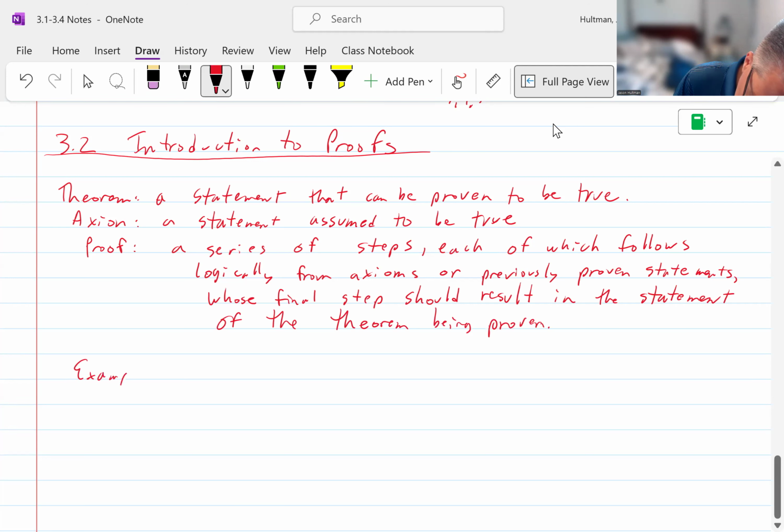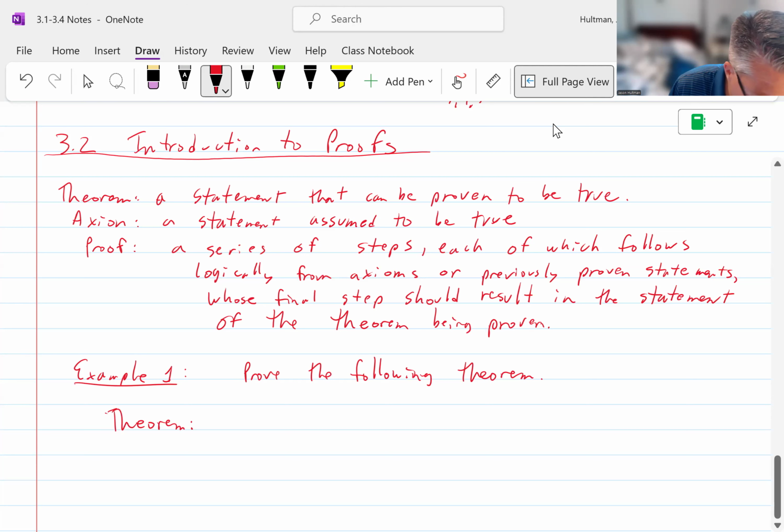Example 1. Okay, prove the following theorem. Theorem.